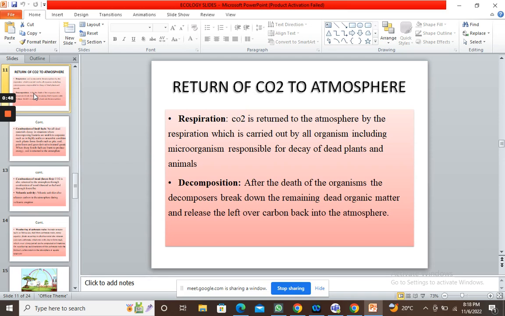Also through decomposition, when the living organisms, plants and animals die, they decompose, and the carbon will be returned to the atmosphere.